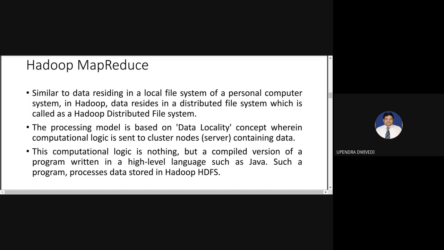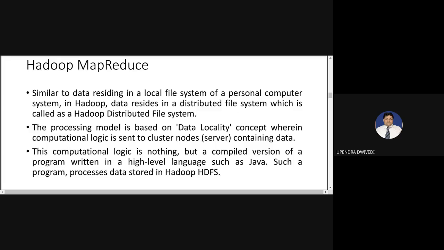Let us discuss a few points about HDFS. In Hadoop, the data is located within a distributed file system. HDFS is similar to a local file system. Local file systems are designed to store information. In the same way, the Hadoop Distributed File System is designed to store information in a distributed environment.